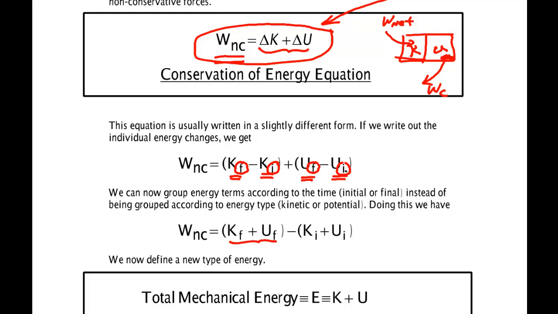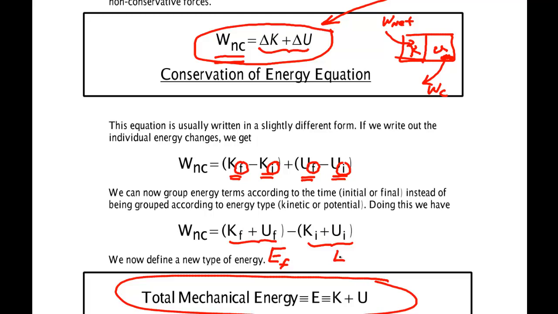And I'm going to put all the initials together, the K and the U. Now, this looks like some energy of motion and potential. Well, that's the total. We're going to call that E, the total mechanical energy. And this is the final mechanical energy. And this, because it has i's, is the initial mechanical energy.